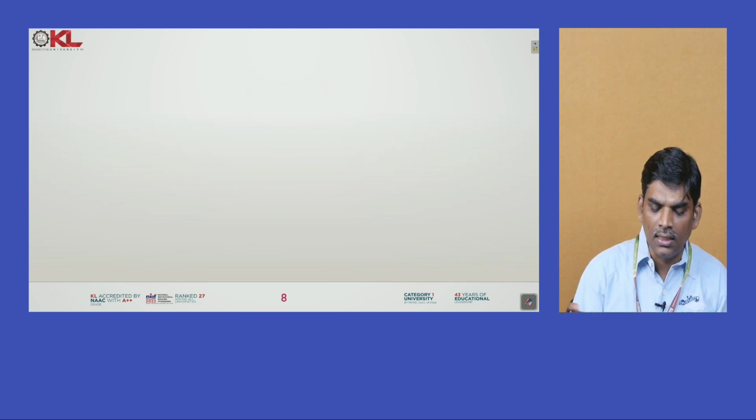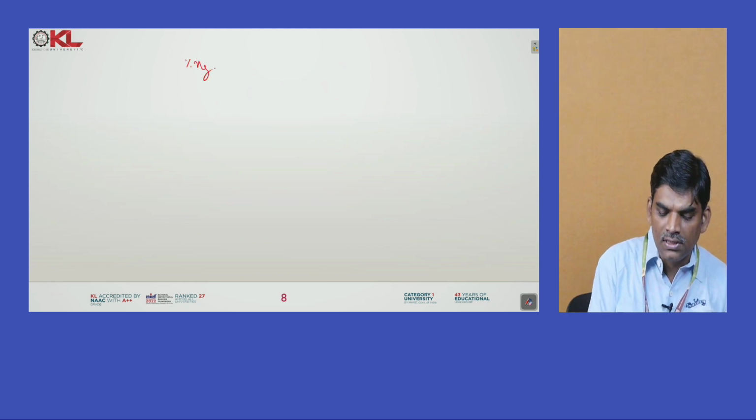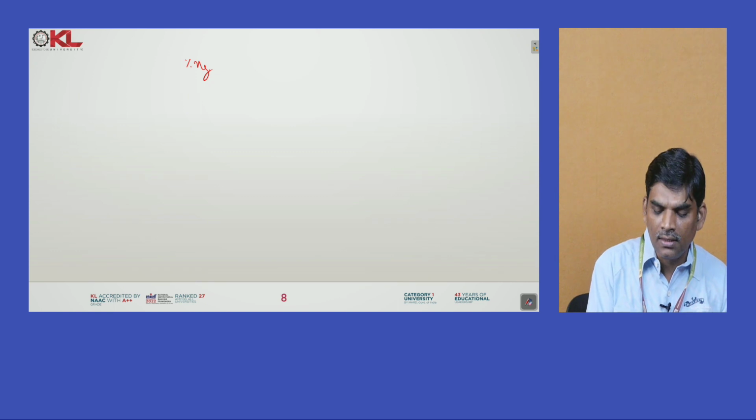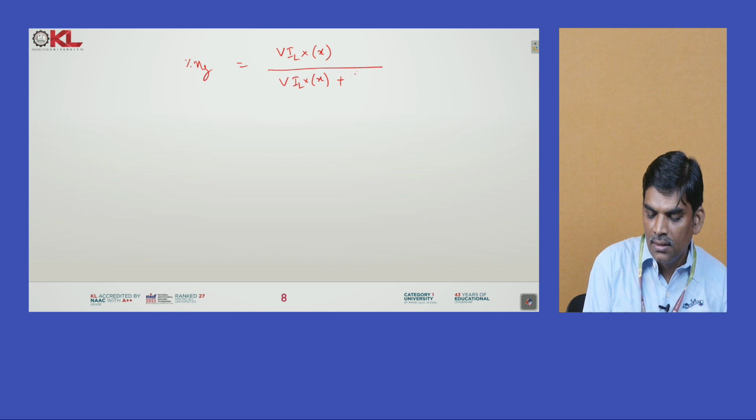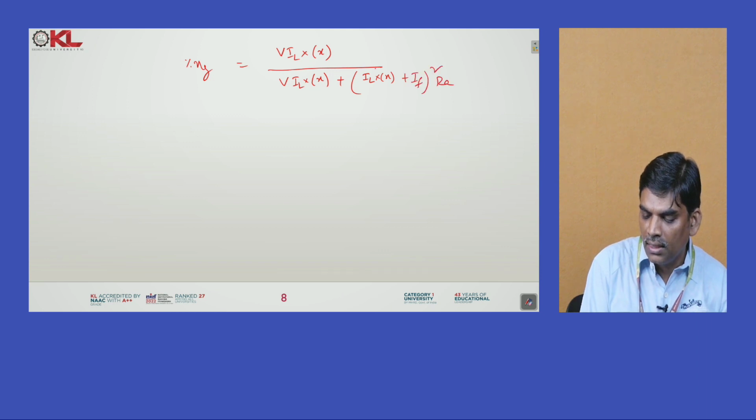At any percentage load, the general formula is VIL into some x divided by VIL into some x plus IL into some x plus IF whole square into RA, plus the constant loss.